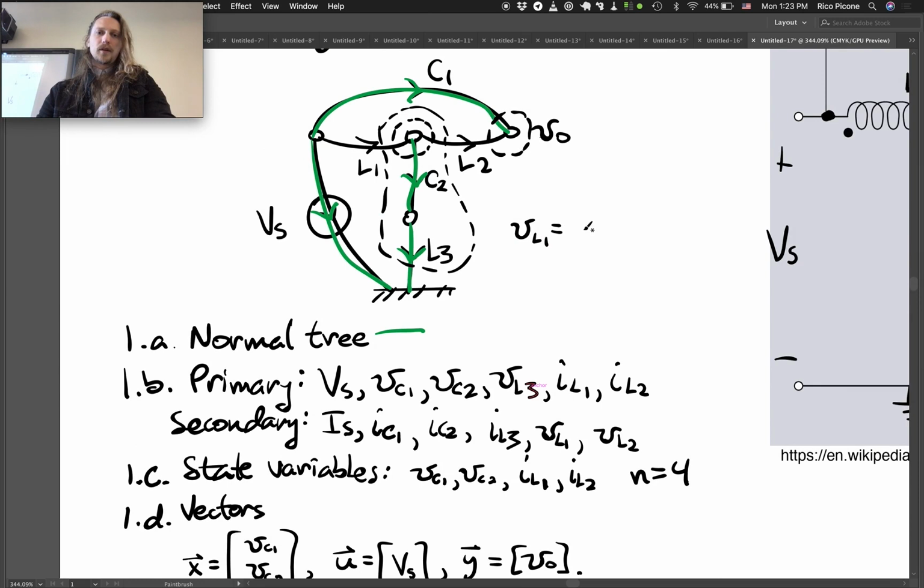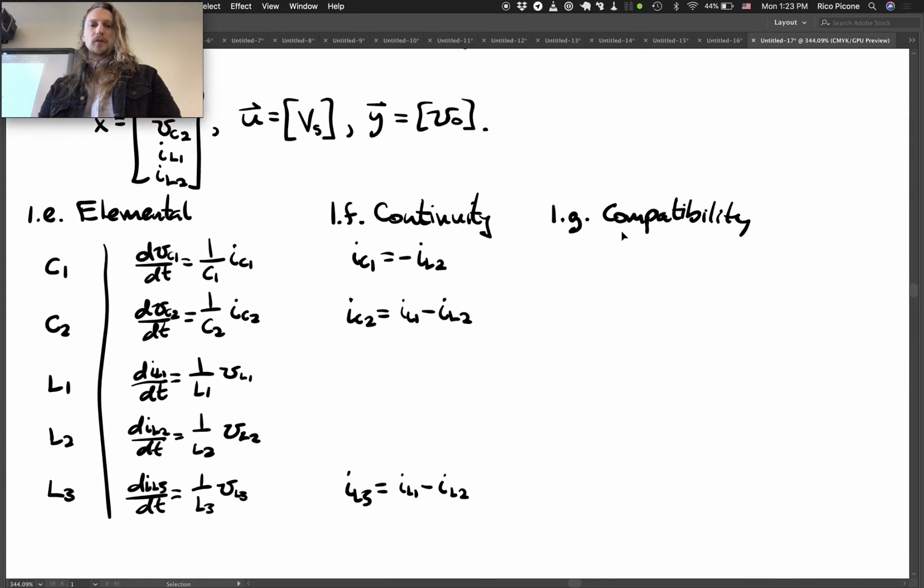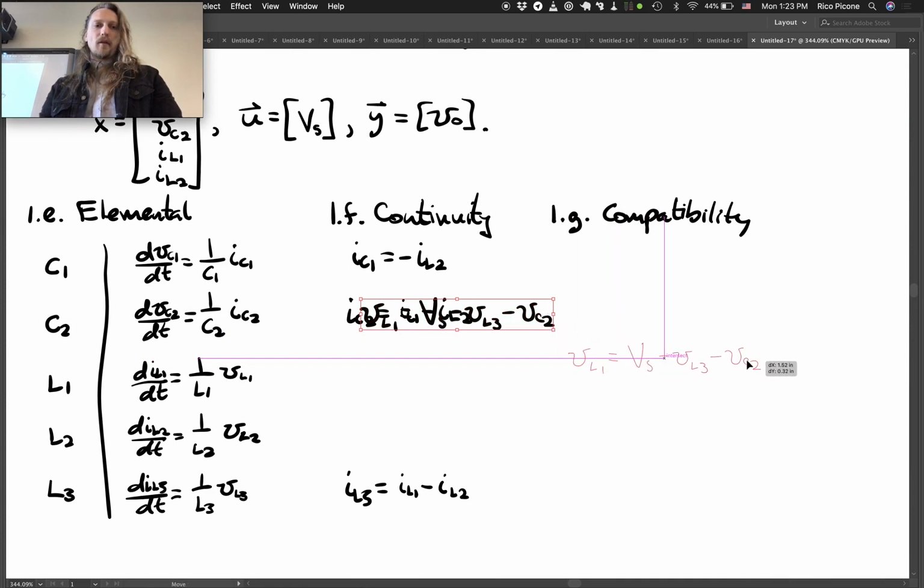VL1 equals VS, is it plus or minus VL3? So it's VS minus VL3 plus or minus VC2? Minus. Minus VL3 minus VC2. Okay, so I'll just copy this down, and we'll put it in the table, which should go by the L1.